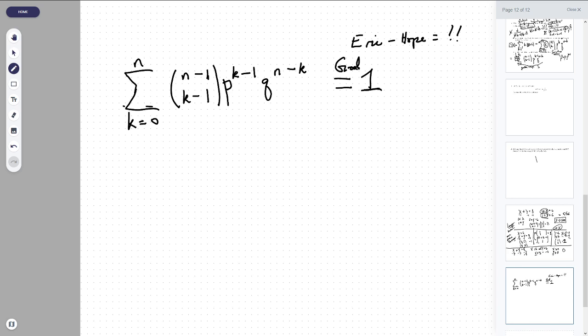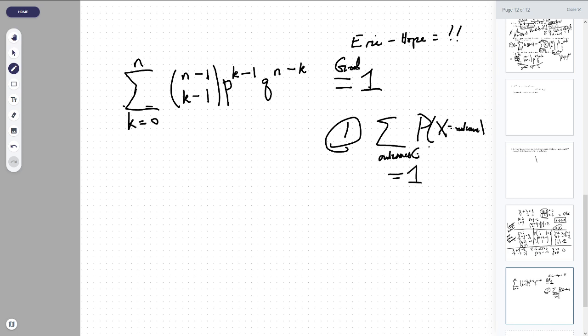One of those things, rule 1, is that the sum over all the outcomes of the probability that x is equal to that outcome is equal to 1. The outcomes sit inside of the sample space, and so the sum of all the probabilities is equal to 1.